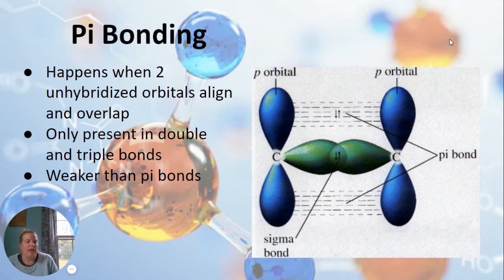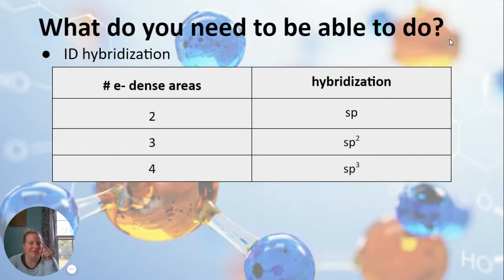So you say to yourself, this looks horrifically complicated. What do I need to be able to do? I got you covered here. If you are looking at a molecule, they could ask you what the hybridization is around that atom, or what is the hybridization of this atom in this molecule. And you need to be able to identify how many electron dense areas there are and the hybridization.